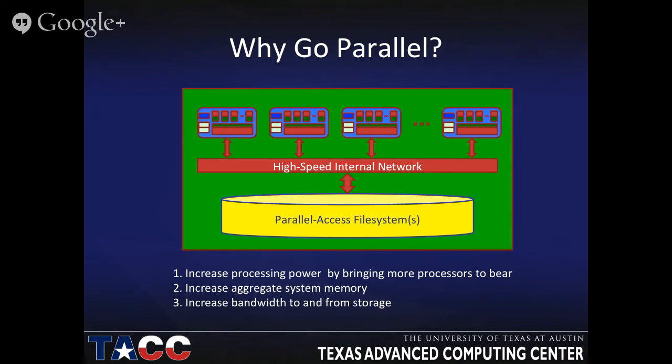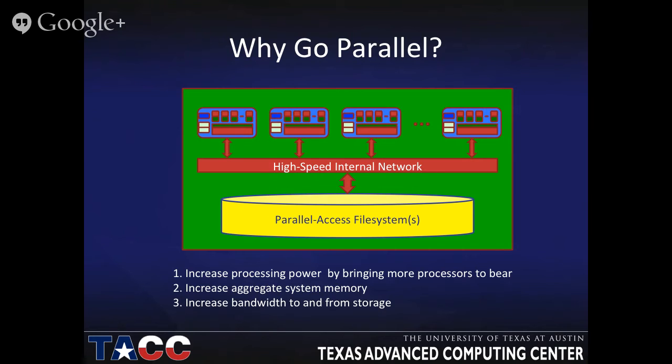And each one of these nodes here has a pipe to the high-speed network that is much, much thinner than the overall pipe to the parallel file system, right? So by using a bunch of different nodes, you can use a bunch of pipes simultaneously, and you can get a much higher bandwidth out of your file system and into your compute process.